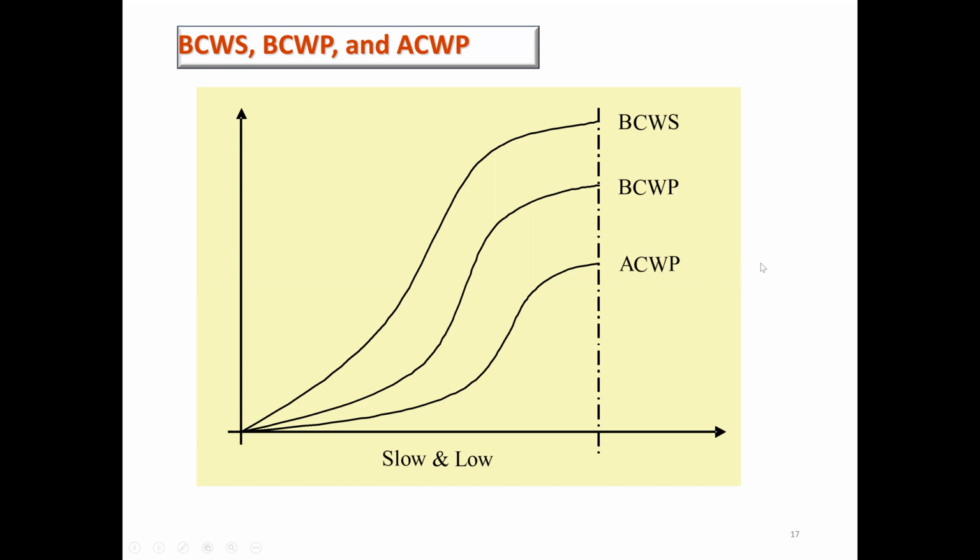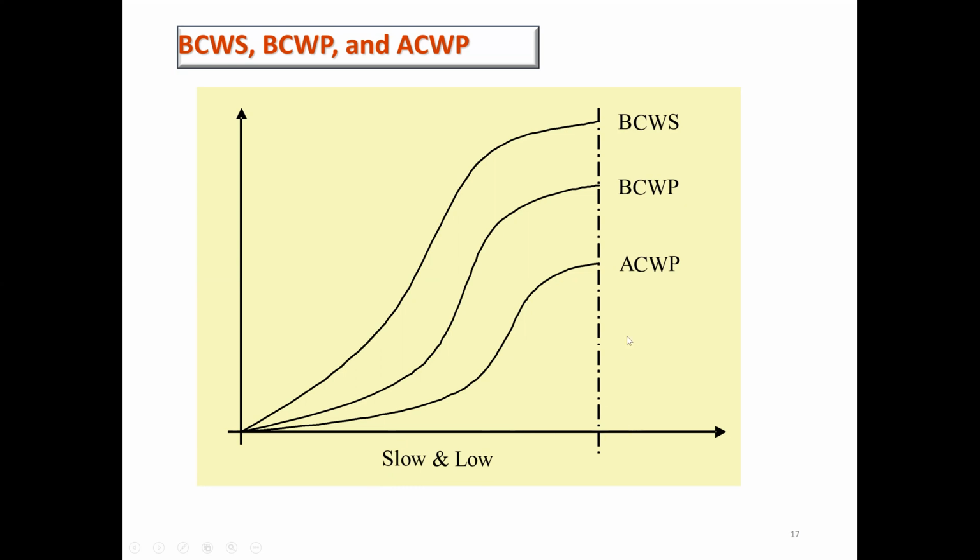Now when we calculate EV minus PV, EV is less and PV is more, so we get a negative answer. Negative answer means we are behind schedule, so we are going slow in terms of building the project.